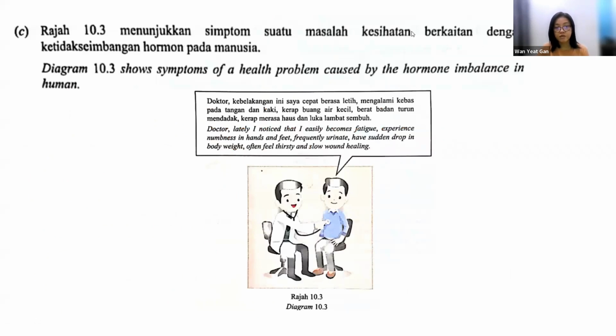Next, let's look at this question. Diagram 10.3 shows symptoms of a health problem caused by hormone imbalance. This patient easily becomes fatigued, has numbness in his hand, frequently urinates, has a sudden drop in body weight, often feels thirsty and has slow wound healing.